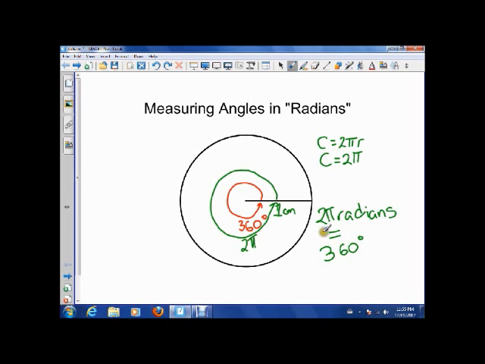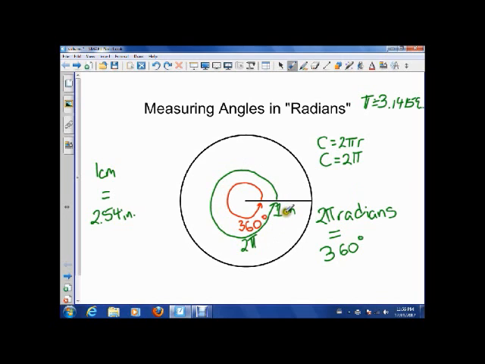Just like 1 centimeter is equal to 2.54 inches, 2 pi radians is 360 degrees. Now remember, pi is the number 3.14159 and so on. I'm going to show you a couple of different ways to think about this because I know it's a new concept, but the main idea is that 360 degrees is a full circle, as is 2 pi radians.